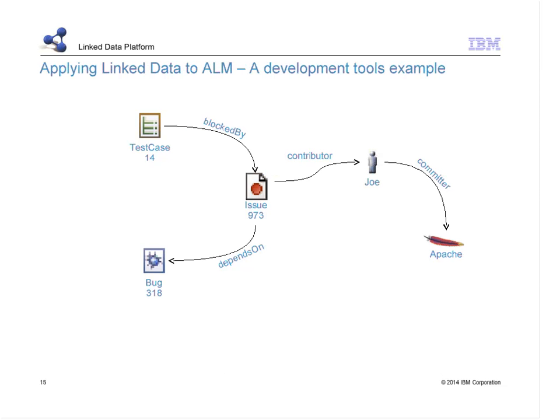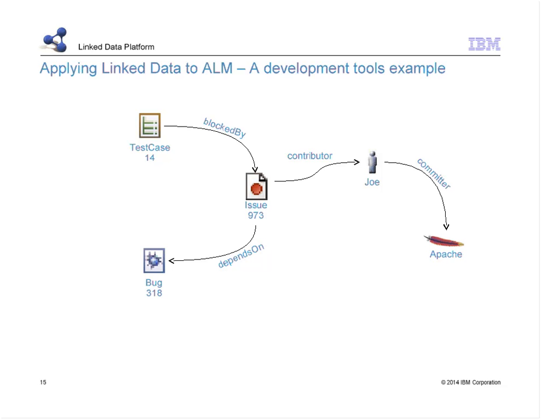So in this model, it's not surprising. I have a little graphic here that explains the kind of information that I was describing earlier, where you have a test case that's blocked by an issue, and the issue depends on a bug, and there's a contributor, Joe, who is a committer in Apache. You have a bunch of information. This is a graph, and guess what? When you represent that in RDF with a URL for every single item on this chart, you end up with a graph which can be easily represented with linked data, and where each part of the graph can be handled by a different product, a different server.